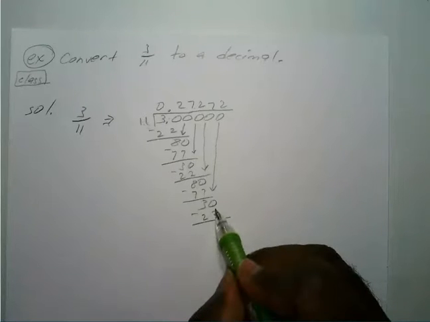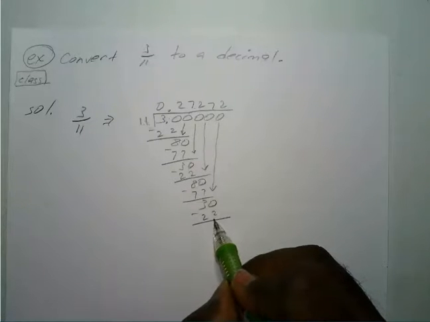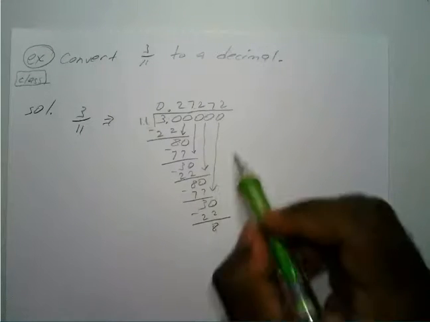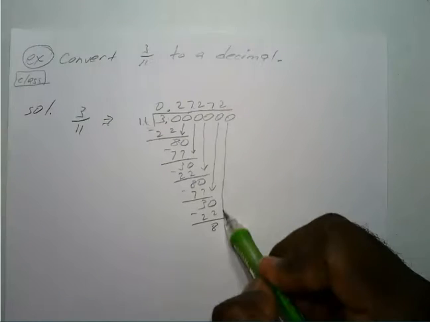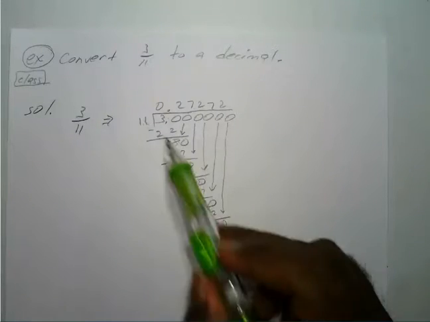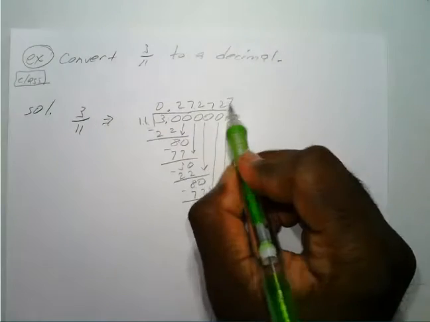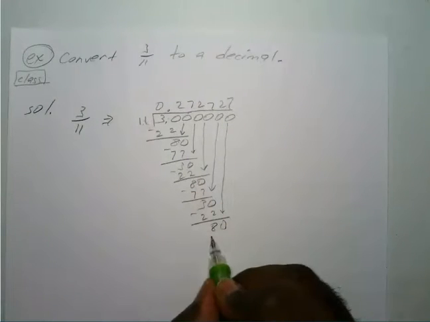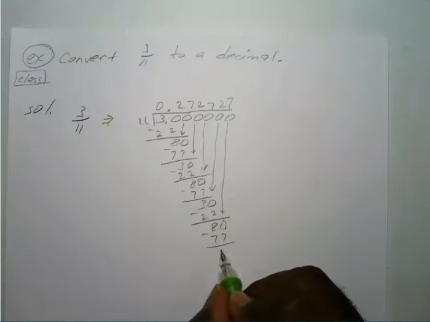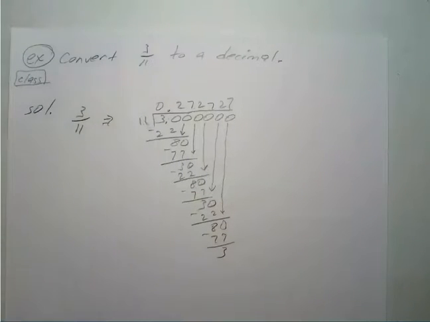And hopefully you're starting to see the pattern. 30 minus 22 is 8. We add another 0. 11 goes into 80 7 times. 11 times 7 is 77. And we're going to go ahead and stop there, because it's just going to keep repeating over and over for all time.